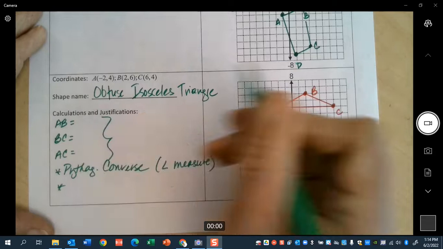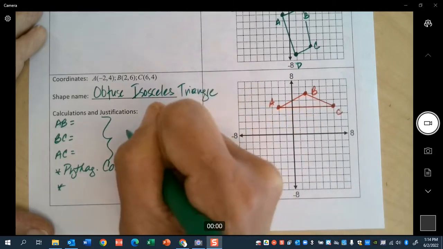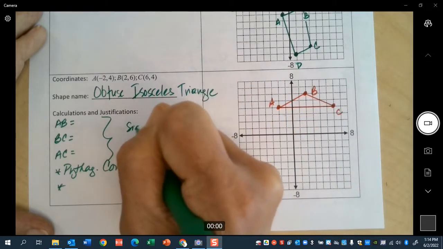And these distances are going to give me my classification by sides.